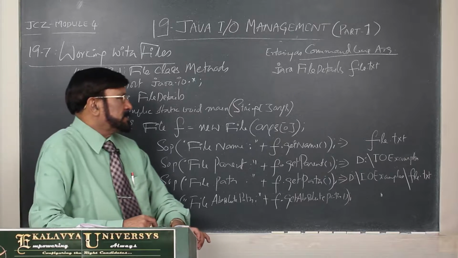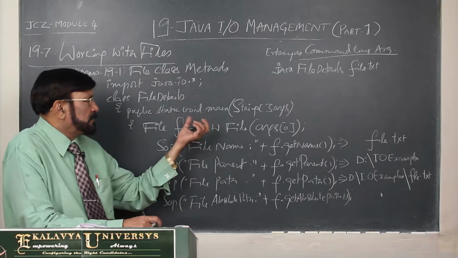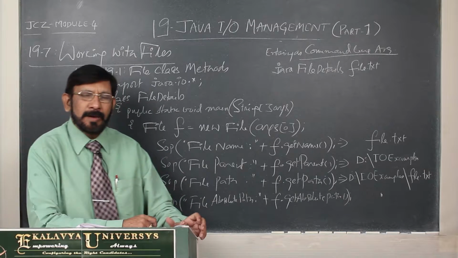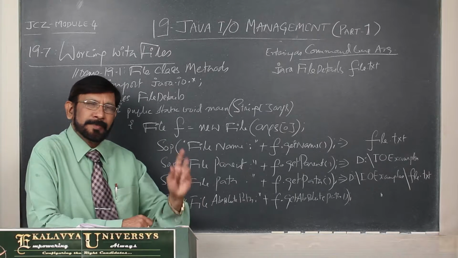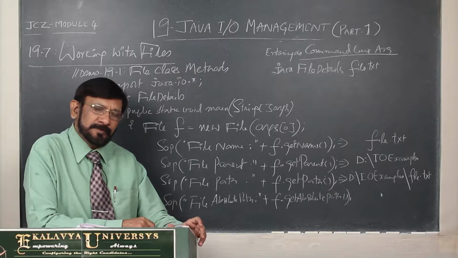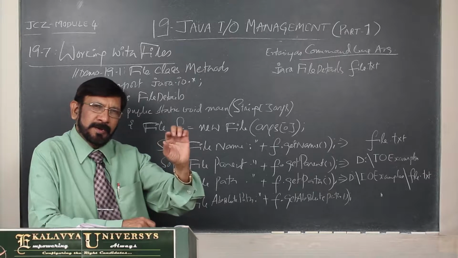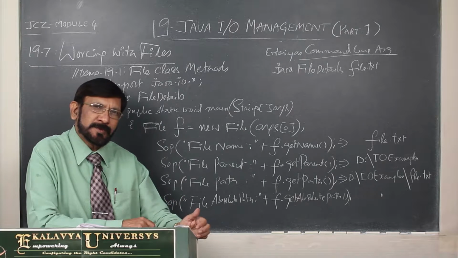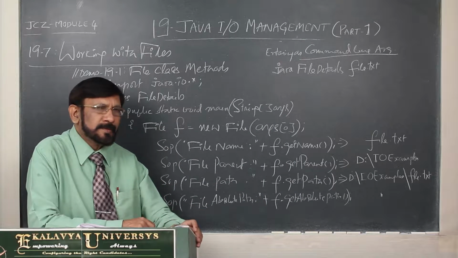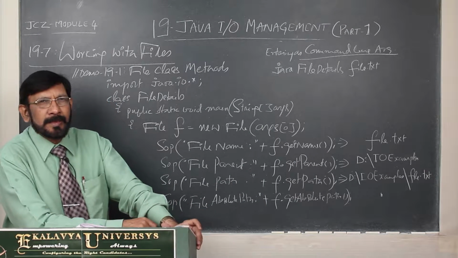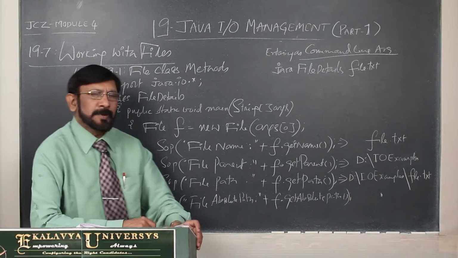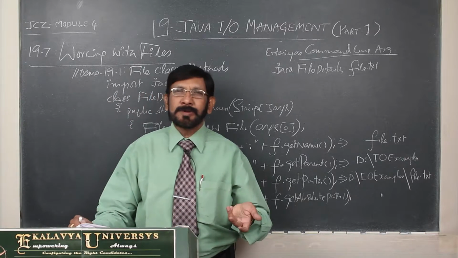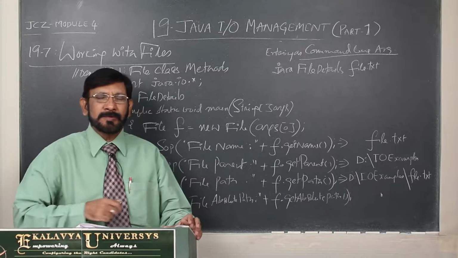As far as how we can feed a file to a program, as I explained already, there are three ways. The first one is you can keep the file name in the program itself as an argument. Second way is if you want to provide the file name interactively by writing interactive code.